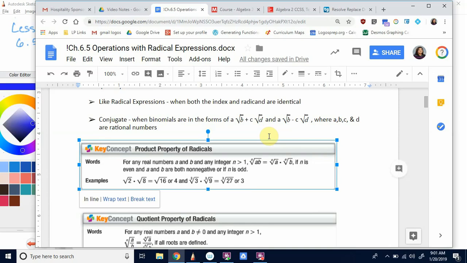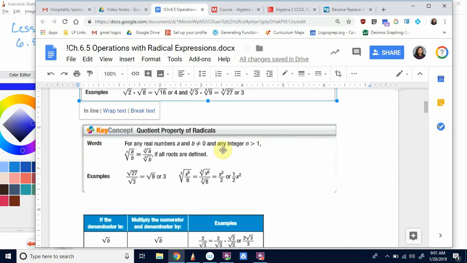Let's look at the key concept for the quotient. Just like the product rule, for any real numbers a and b, where b cannot equal 0 because that in the denominator makes it undefined, and n is greater than 1, they're all defined. As long as you have the same index, you can put them together or separate them into two separate radicals.